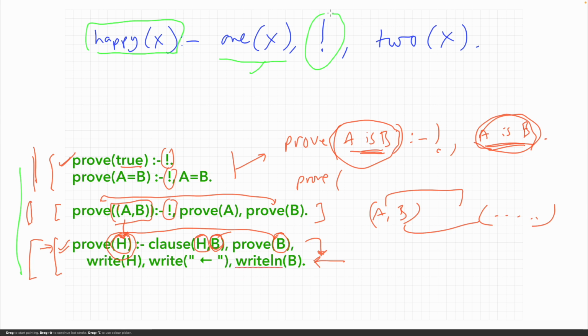Then we have a cut, and you might say, okay, cut always succeeds, so it's always true, but it does have some side effects. So how do we meta interpret that? Let's come back to that. Let's imagine we have done that and it succeeds, and then we meta interpret this, and that's fine as well.